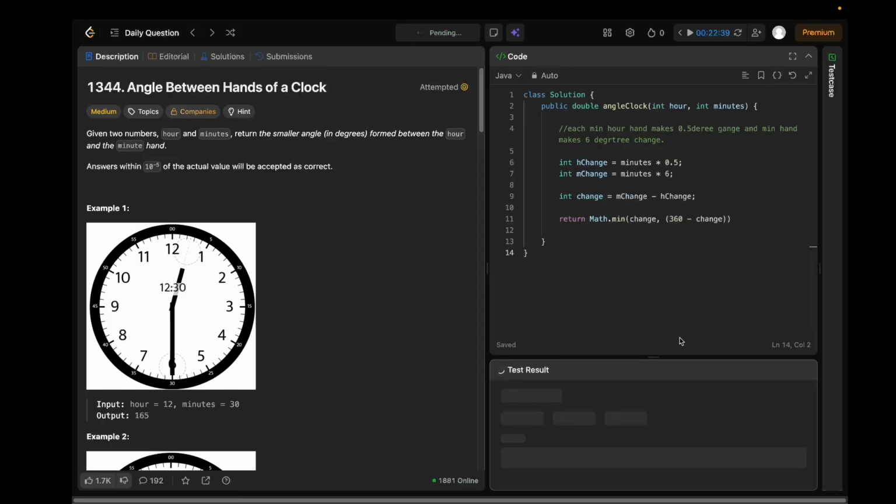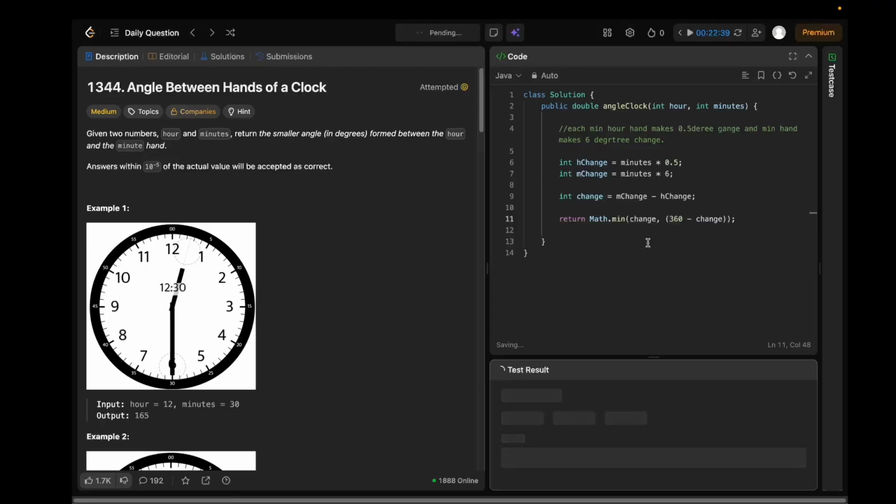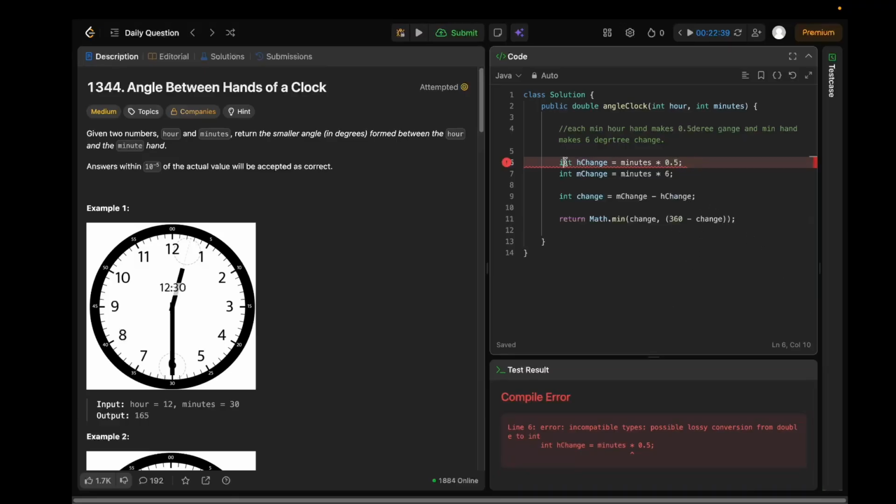Let's try to run this. Oh, okay. What am I missing? Error, incompatible types. Oh yeah, double. 0.5, should I change it to double?